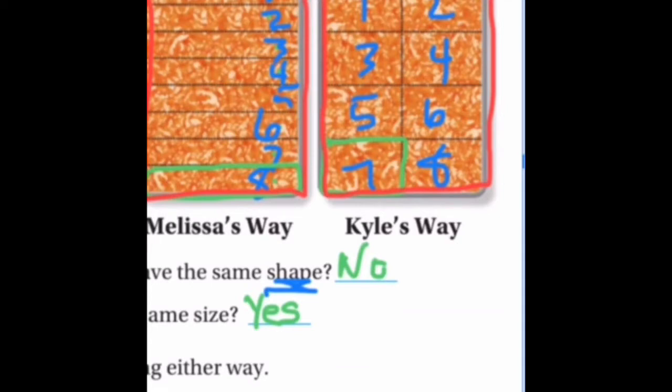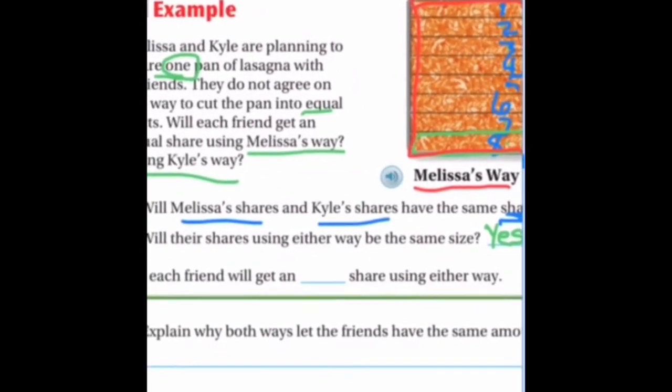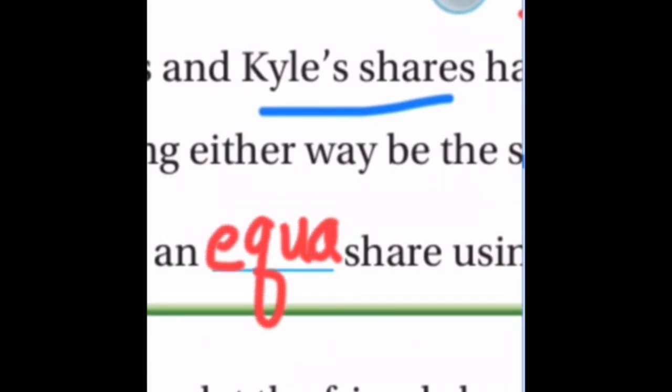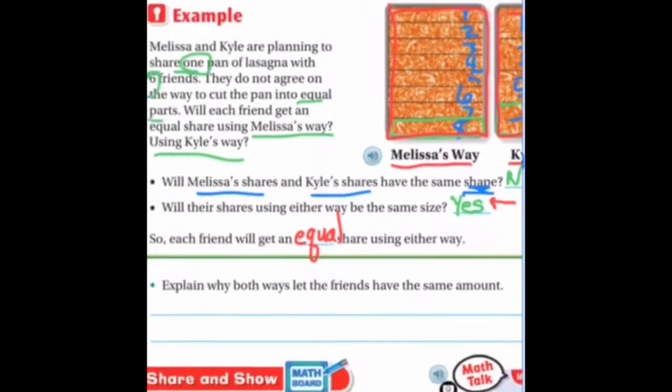So no matter if I use Melissa's way or Kyle's way, I get the same amount of food because they were each divided into 8 equal sections. So each friend will get an equal share using either way.